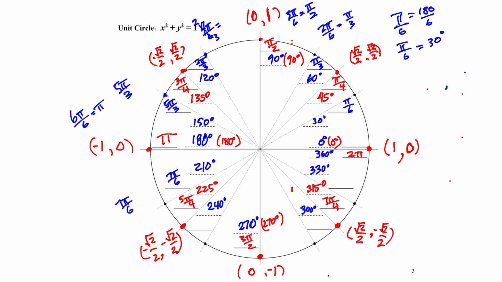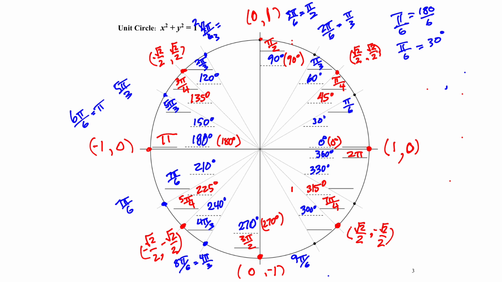Add another 30. We're down here now. That's 8 pi over 6, which can be reduced down, 2 goes into both of those, 4 pi over 3. Add another, we're at 9 pi over 6.